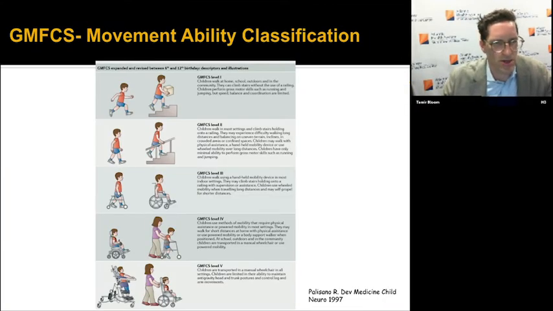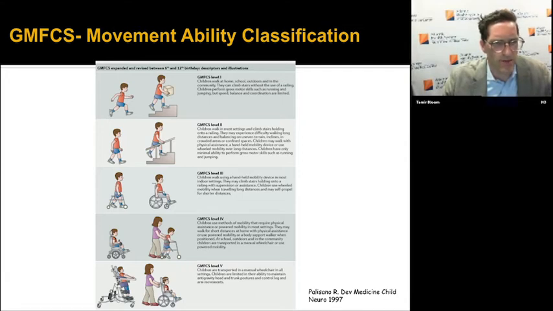So here's the GMFCS classification. There are 5 levels. This classification was developed roughly 20 years ago in Canada, and researchers at that time looked at a large cohort of patients with CP and monitored their motor function throughout development.